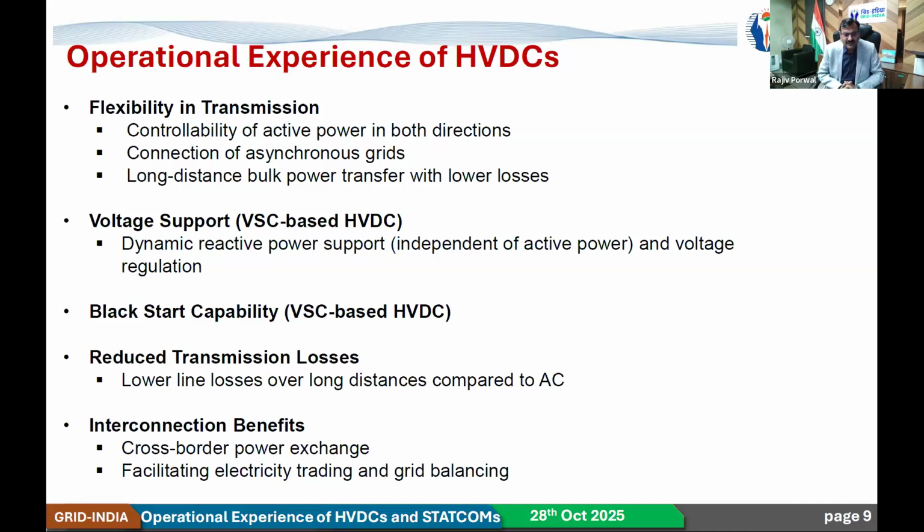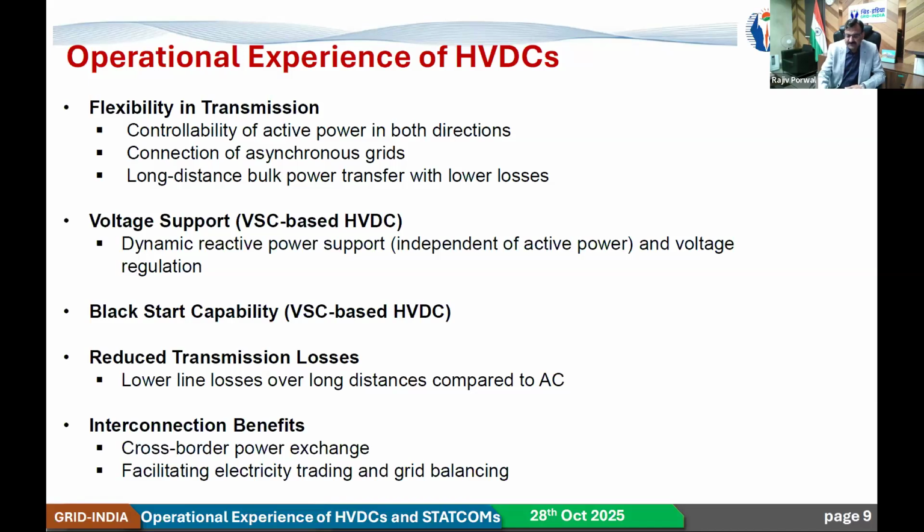And there is long distance bulk power transfer with lower losses, and voltage support from the VSC based HVDC. We have been starting black start capability of VSC based HVDC. Also, we are exploiting reduced transmission losses, definitely, compared to a similar AC system with the same power capability. And the interconnection benefit has been cross-border exchange, facilitating electricity trading in different directions.